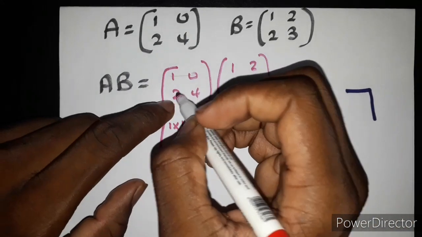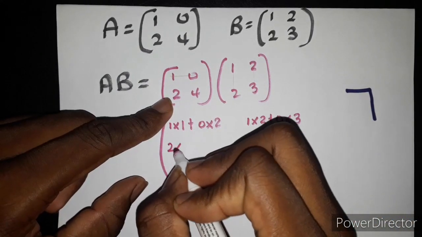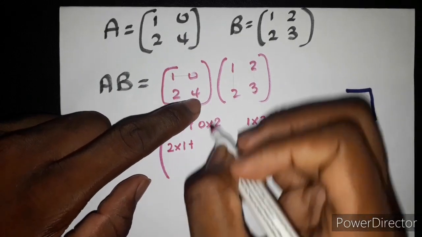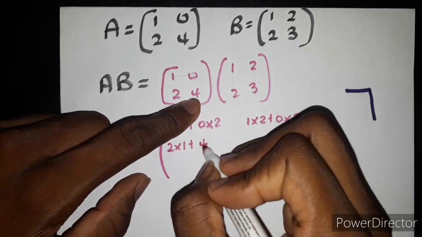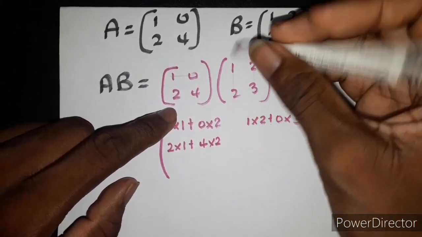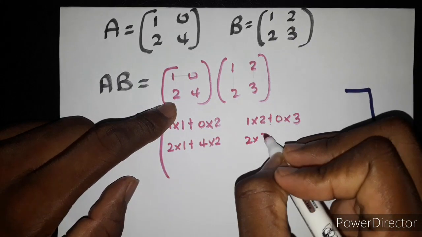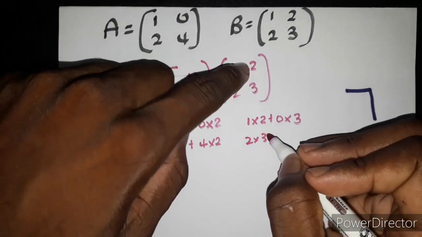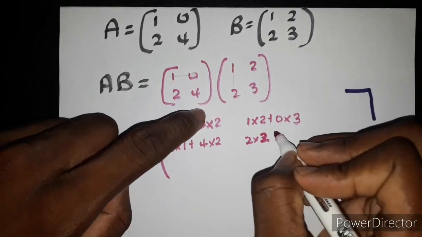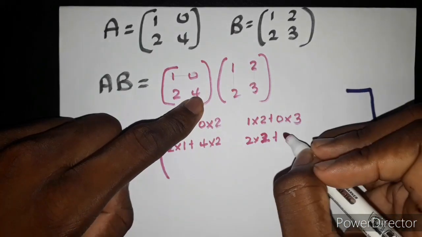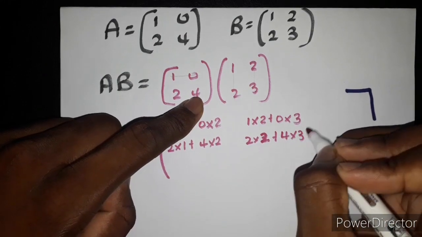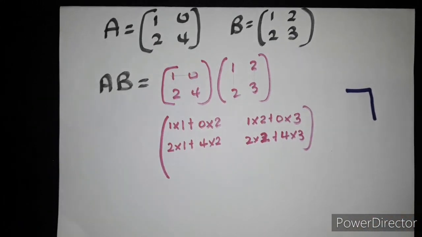It will be 2 times 1 plus 4 times 2. And then we go to the second column. 2 times 2, sorry, plus 4 times 3. So it's basically row by column.